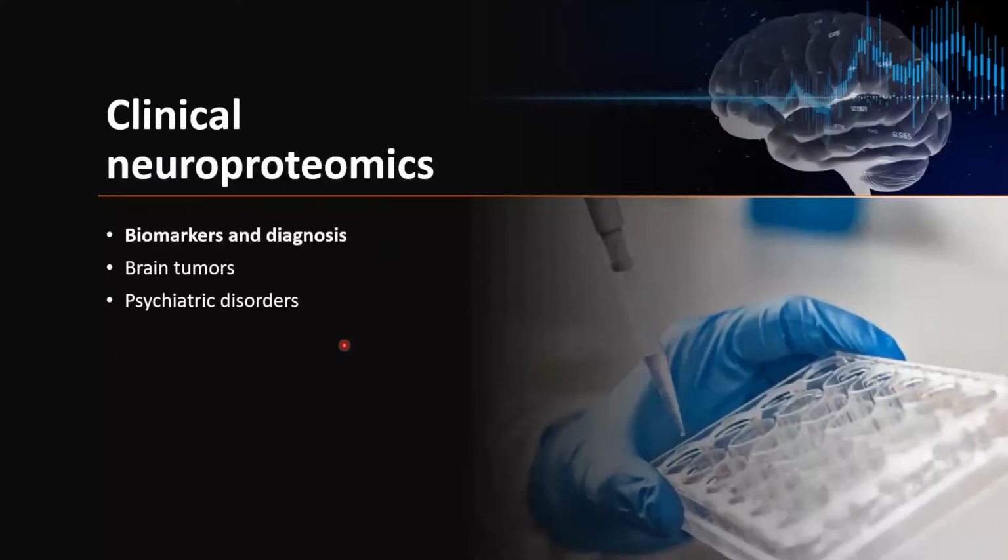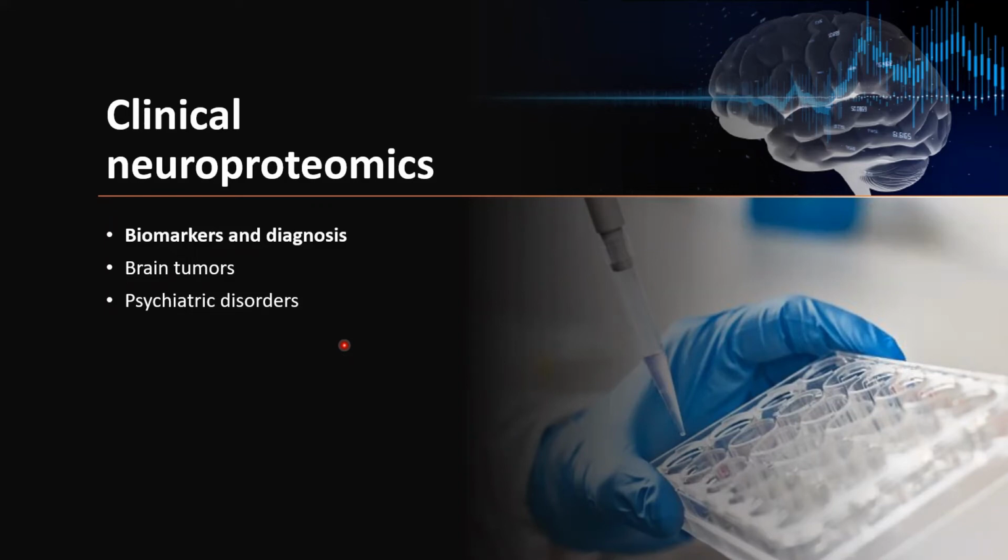As we've talked about expression neuroproteomics and functional neuroproteomics, let's talk about the clinical aspects in neuroproteomics. Actually, clinical neuroproteomics addresses the molecular basis of neural diseases, and the neuroproteomics field has been really helpful with discovering unsuspected biochemical changes in the disease samples.